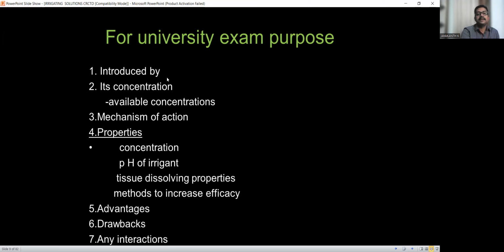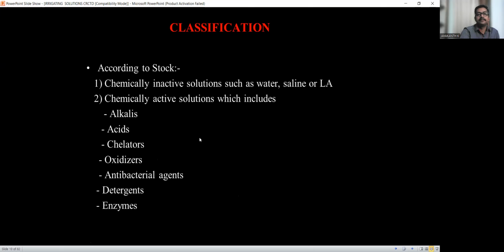If you memorize it under these headings, it will be very easy to collect points, and you can elaborate the whole chapter under these headings. So I have basically prepared it likewise.